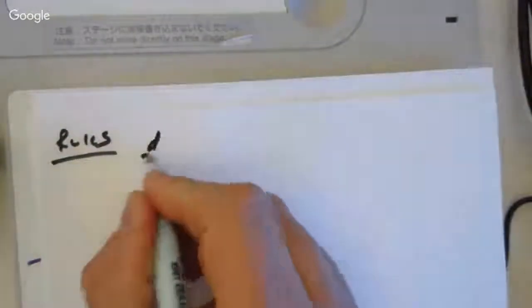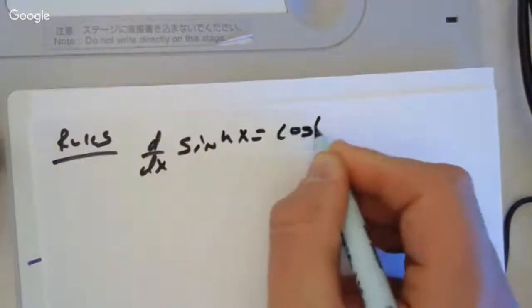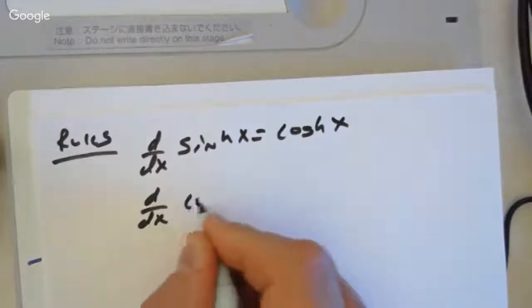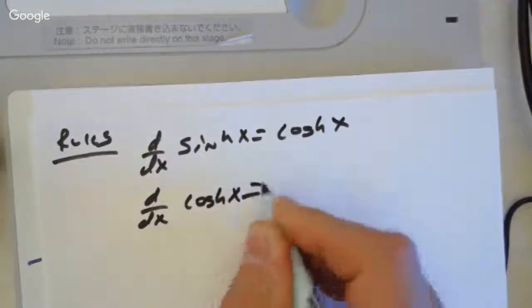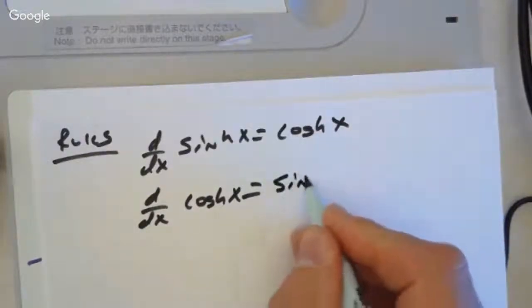All right, here we go. The derivative of sine hyperbolic is cosine hyperbolic. The derivative of cosine hyperbolic is sine hyperbolic. Oh, wait. So yeah, there's no negative.